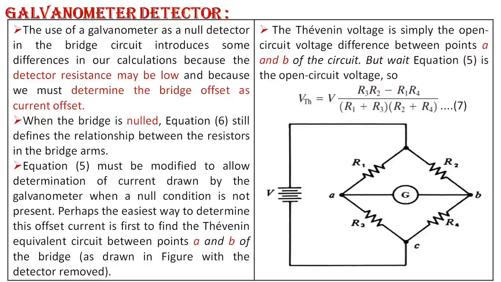So VTH is equal to (R3 R2 minus R1 R4) upon (R1 plus R3)(R2 plus R4) times V. That diagram shows the detector replaced by a galvanometer.